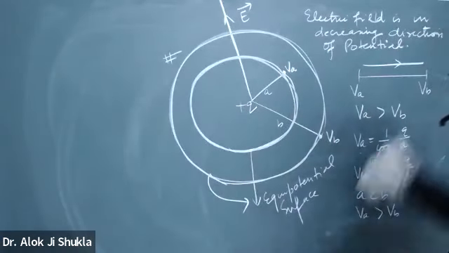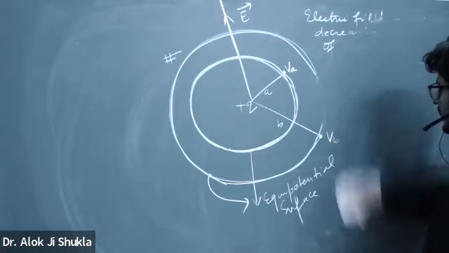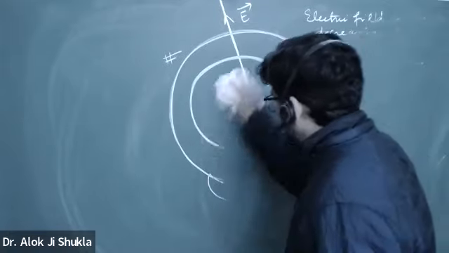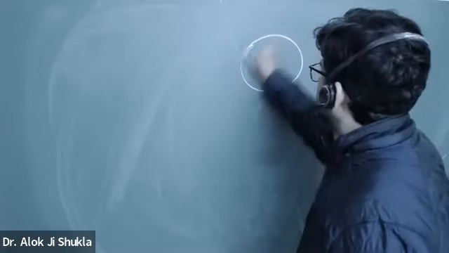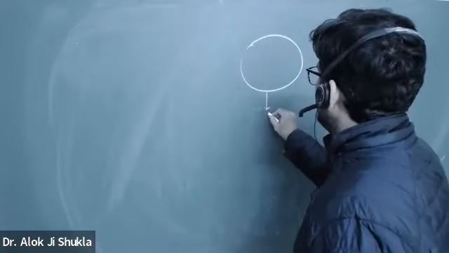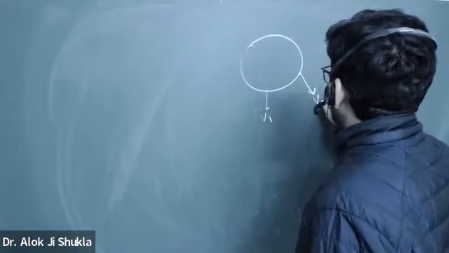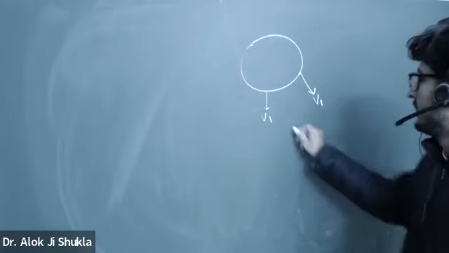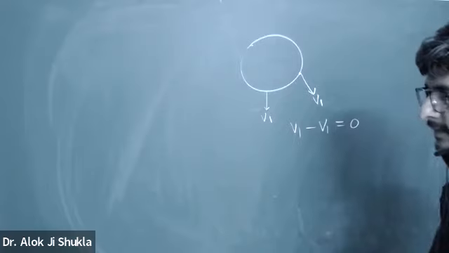So what is an equipotential surface? At every point of that surface the value of potential is the same, that is, the potential difference is 0. So suppose you have an equipotential surface like this, and at this point the potential is V1 and at this point the potential is again V1. So what is the potential difference? 0.